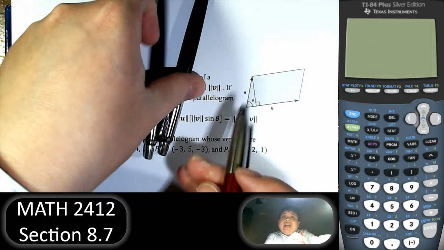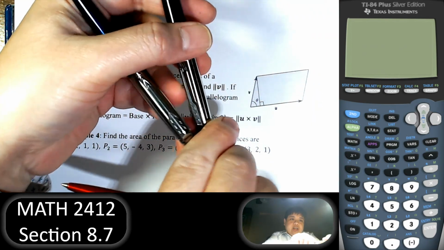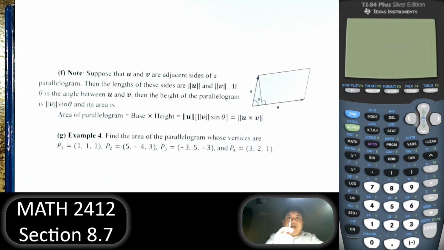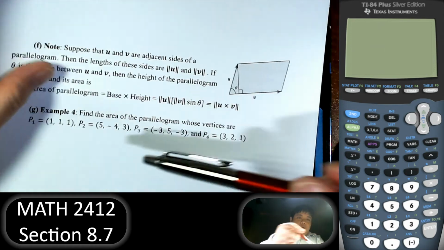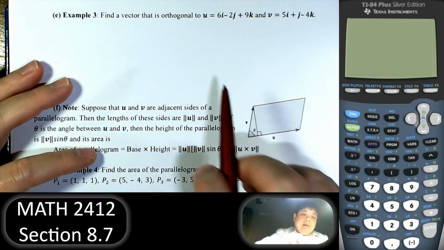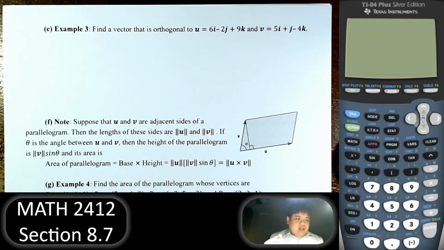The answer is, it doesn't matter. If u cross v points up, if we interchange them, it will point down. Either way, both are orthogonal to the plane containing u and v. So usually we just do u cross v.